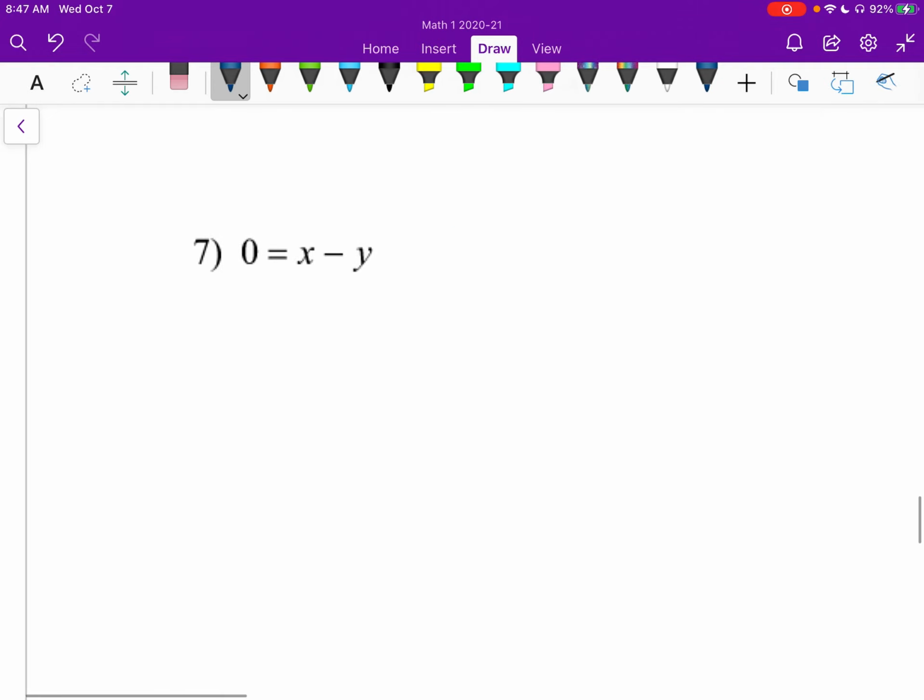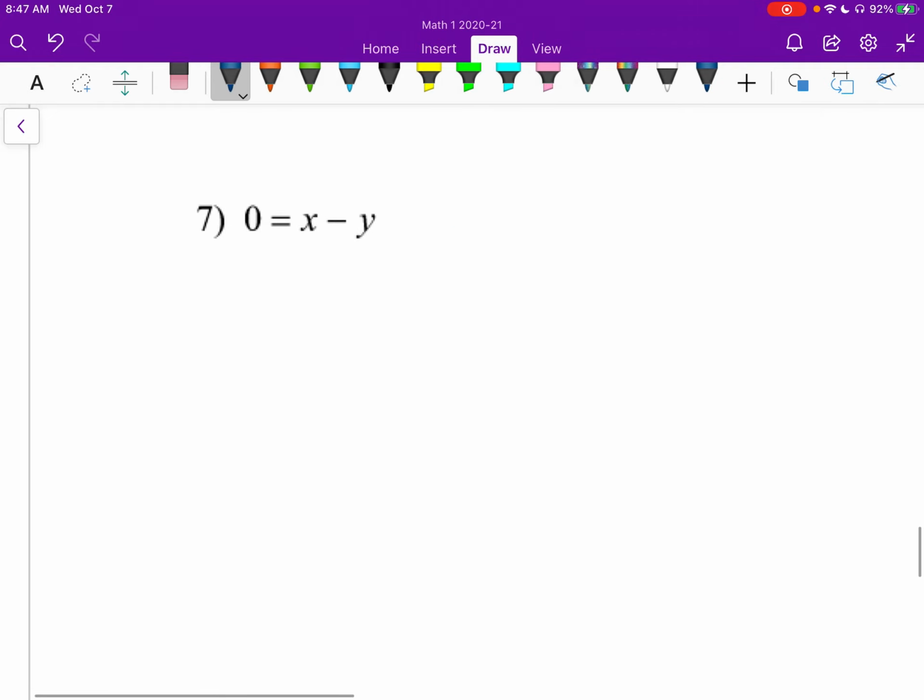Number 7. This one's actually in general form, but just so that we can see it, let's go ahead and put this into slope-intercept form. If we were to put this in slope-intercept form, we would want a y equals. So I'm going to take this and add my y over to the other side. So my y's here cancel, and I have 0 plus y is just y equals x, and that's it.